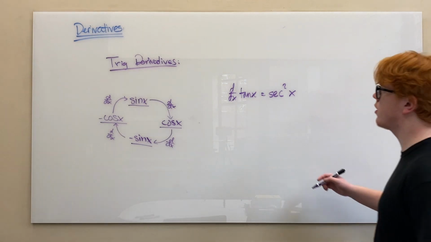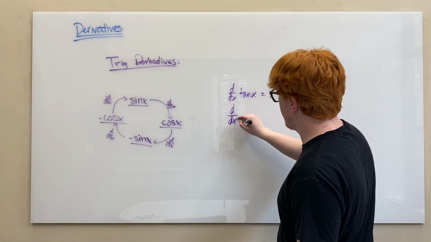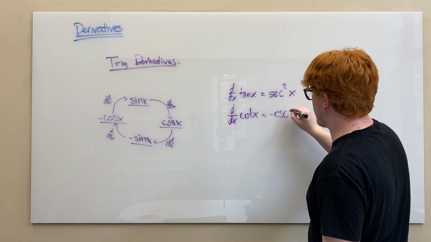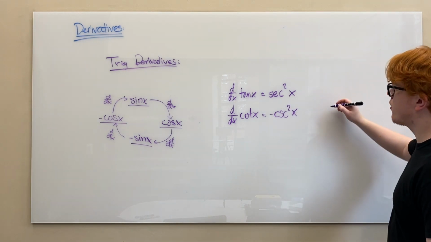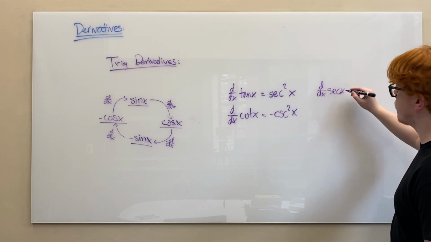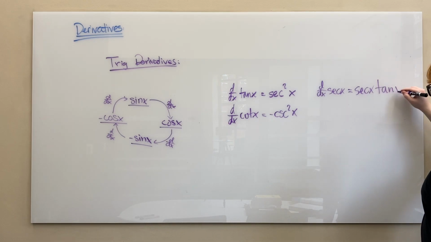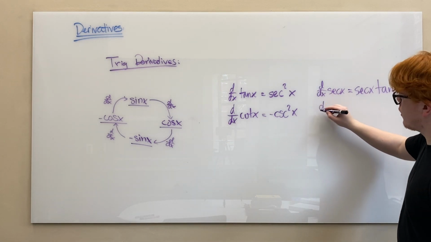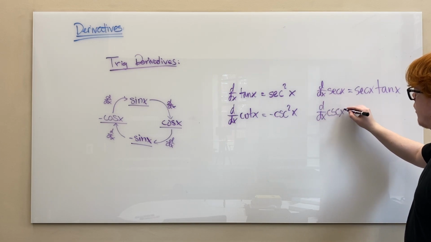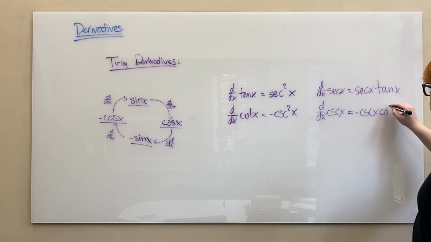Yeah, okay, just double checking. So then you have d dx of cotangent of x is just equal to negative cosecant squared of x. And then you have d dx of secant x, this one's interesting, is equal to secant x times tangent of x. And d dx of cosecant x is equal to negative cosecant x cotangent x.